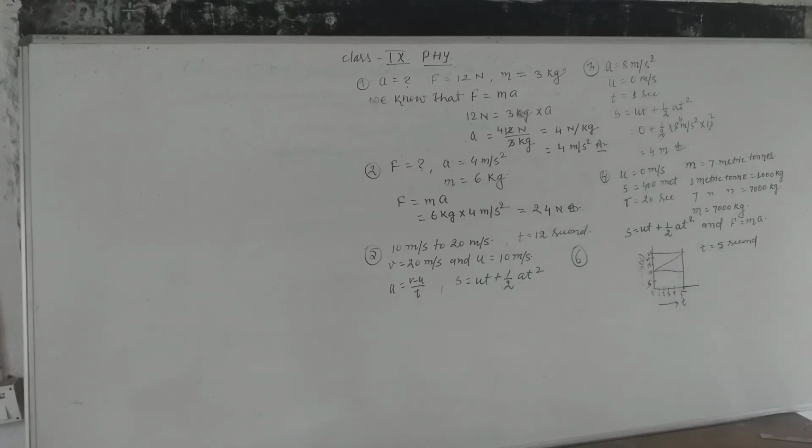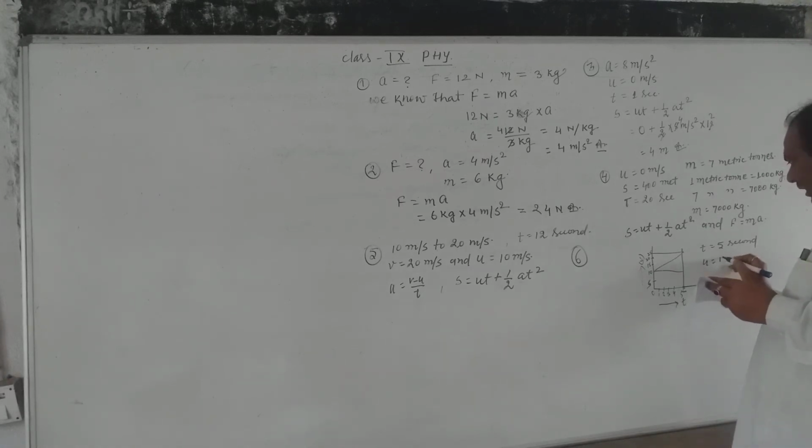After that, the rate of change of velocity in 5 seconds is from 10 meter per second to 25 meter per second. U is equal to 10 meter per second and v is equal to 25 meter per second. On a highway, what is the acceleration and how far does the truck go in this interval of time? Give a graphical solution.